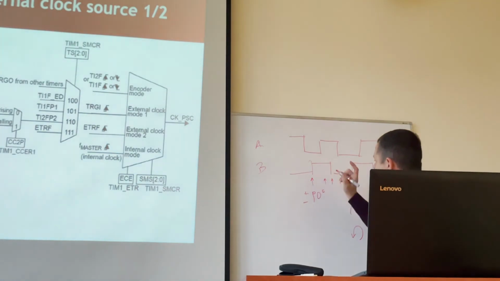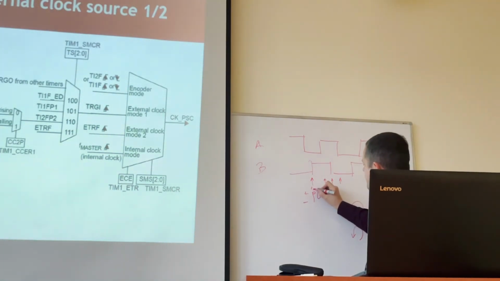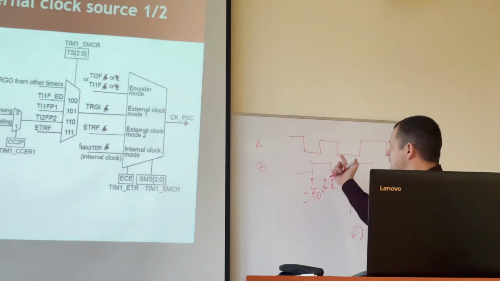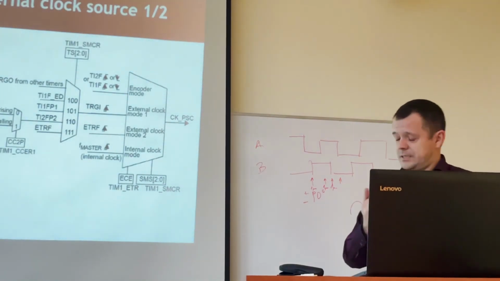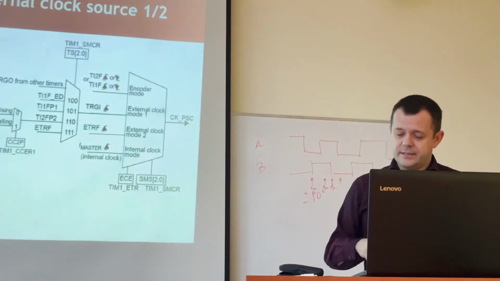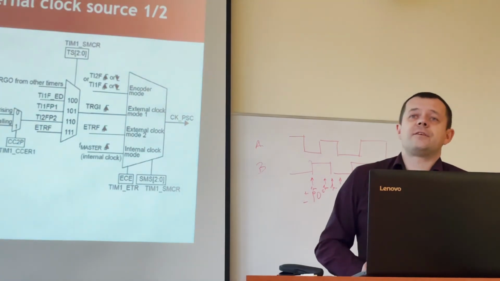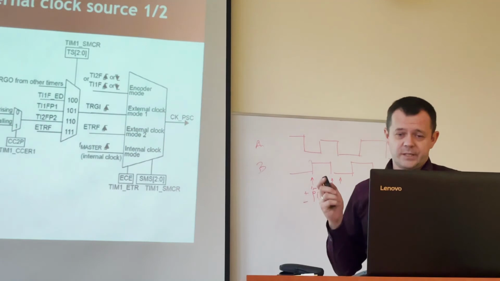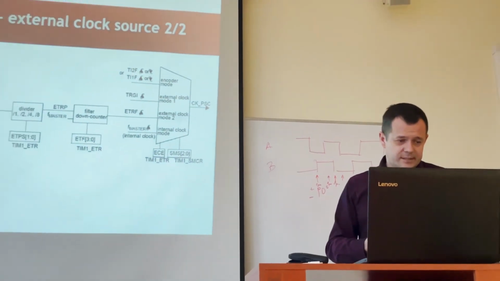Because, for example, one transition could mean, let's say, 1 micrometer of movement. These kinds of encoders are quite popular in industry, and it's very nice if a microcontroller timer supports this kind of functionality.